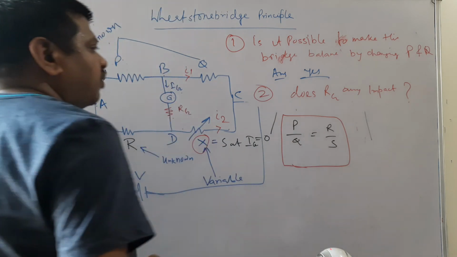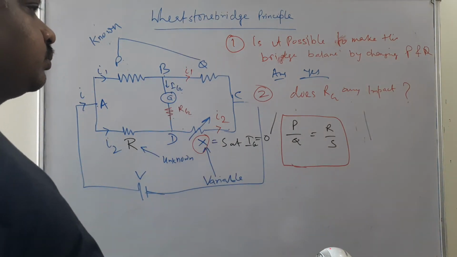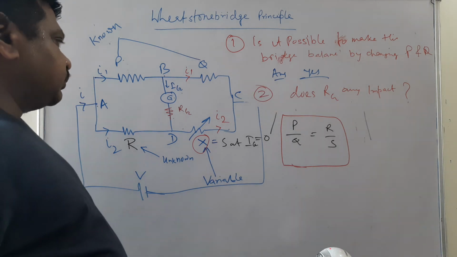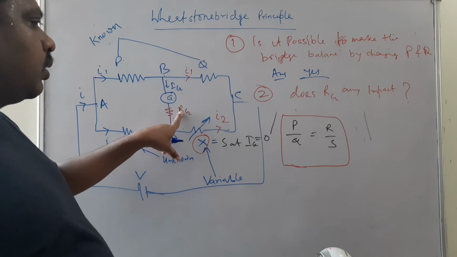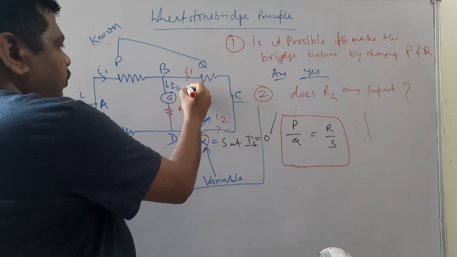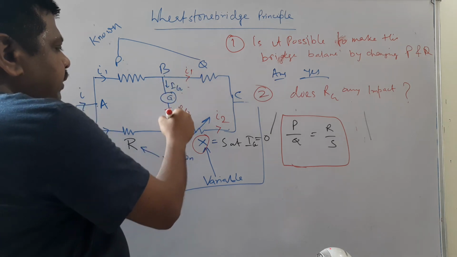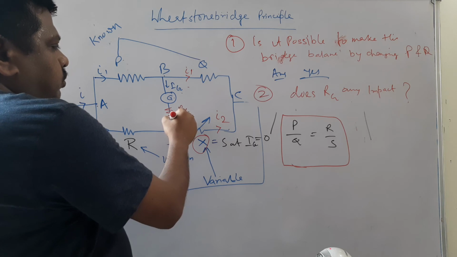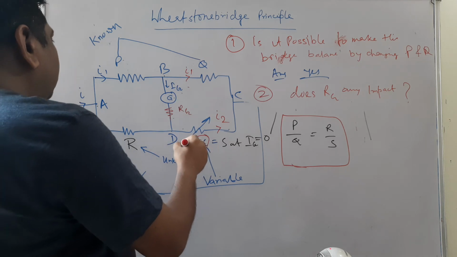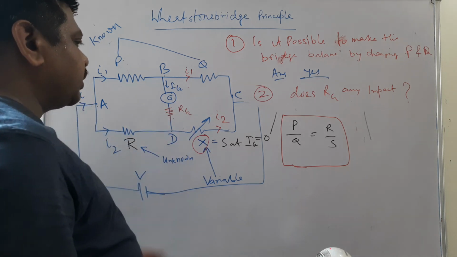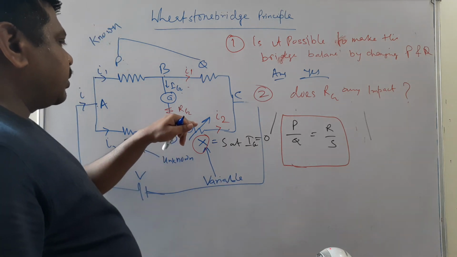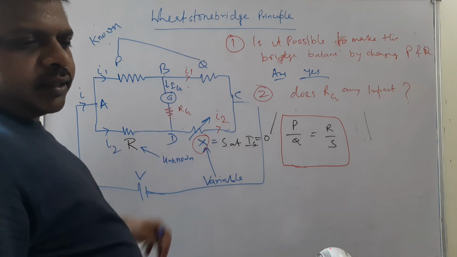Basically Rg has no impact on this principle, because when Ig is 0, there is no current in this path, so there will be no effect of Rg on this principle. Okay, so you can just skip this Rg.